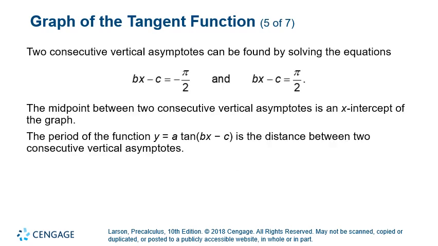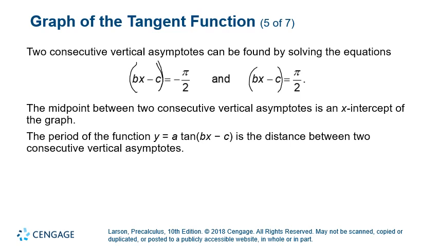So what we do here to find where the asymptotes are going to be, we take the quantity inside the parentheses, and we set it equal to the original parent function's asymptotes. So negative pi over 2 and positive pi over 2.